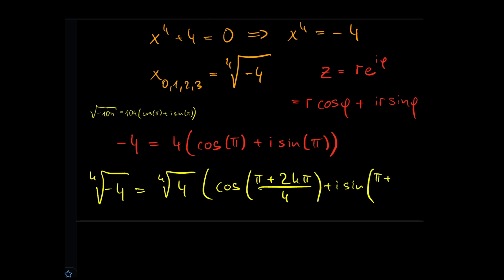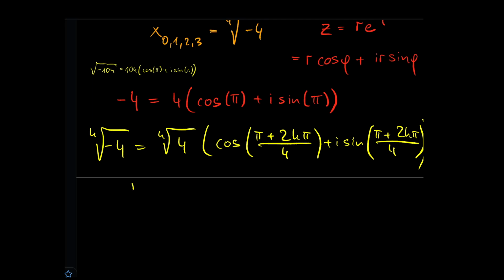So we divide that by 4. And the interesting thing now is that k starts at 0 and then goes to 1, 2, 3. Because if we plug in k equals 0, we also get a solution to the fourth root of minus 4. And the same for k being 1, k being 2, and k being 3.